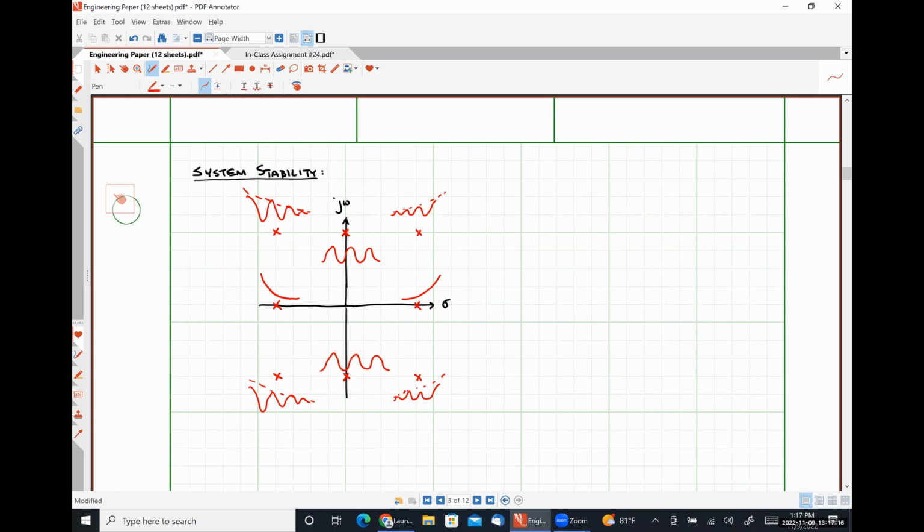So we are going to relate our system stability to our Bode plots, which is what I'm more comfortable with, by employing the Nyquist stability criteria.